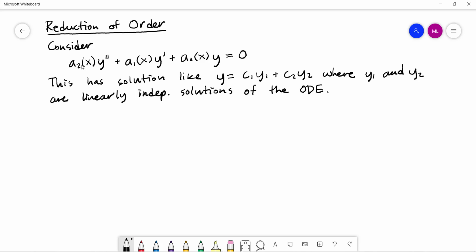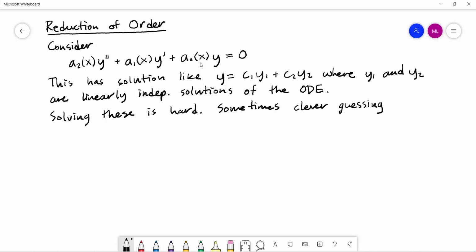Turns out one of the best ways to solve some of these equations is guessing and checking your way. So solving these is hard. Sometimes clever guessing is your best bet. And we'll do an example of this down the line.